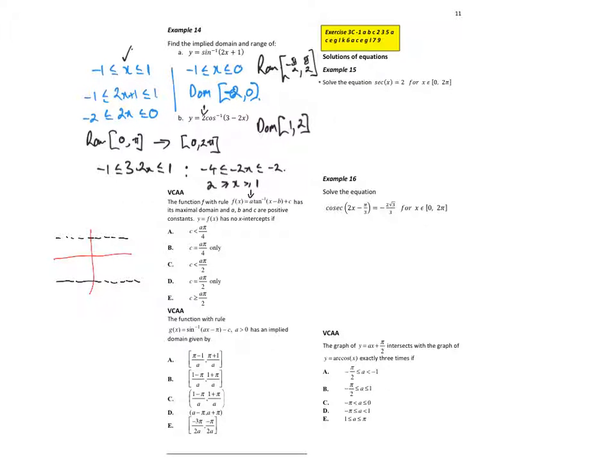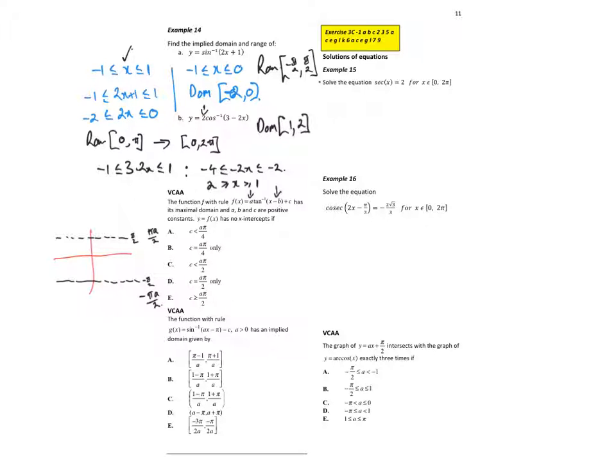So normally those points there are pi on 2 and negative pi on 2. So they're now going to become pi A on 2, negative pi A on 2. So has its maximal domain. All the B value is going to do is shift it left and right, so that's not really relevant. So the plus C, we're going to assume it's a positive constant, so we're shifting the whole graph up.